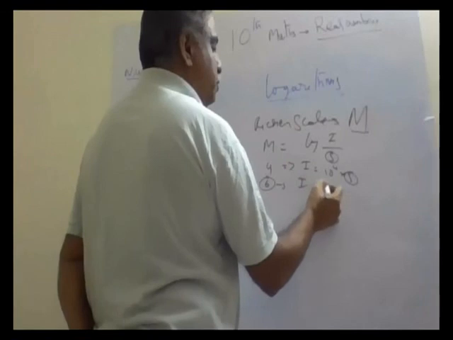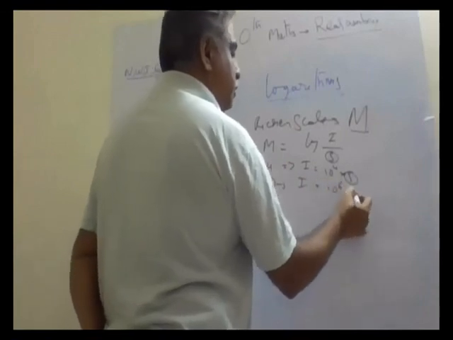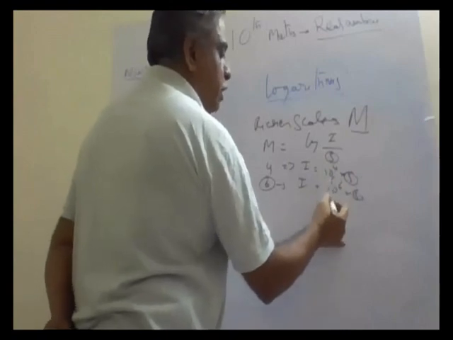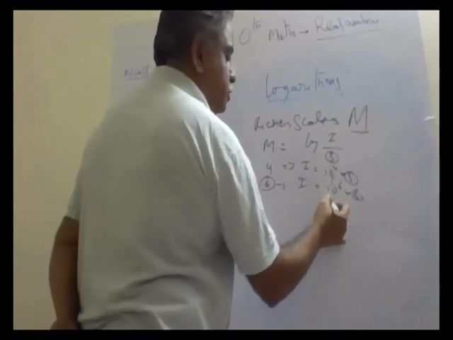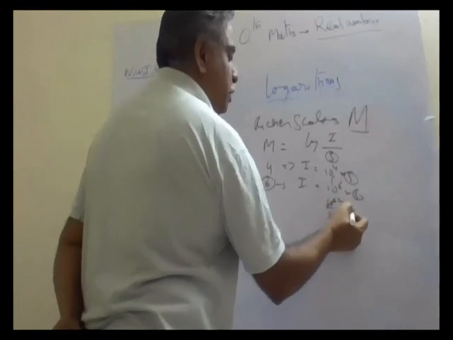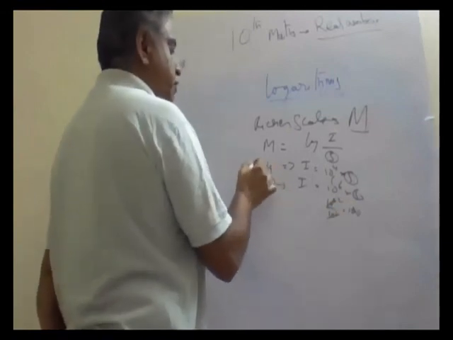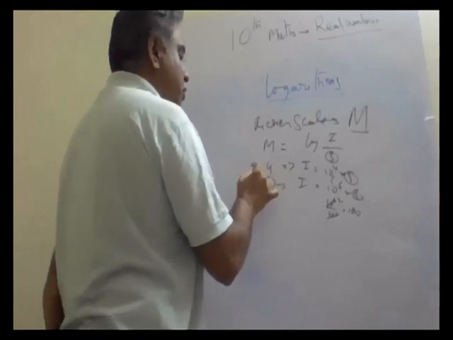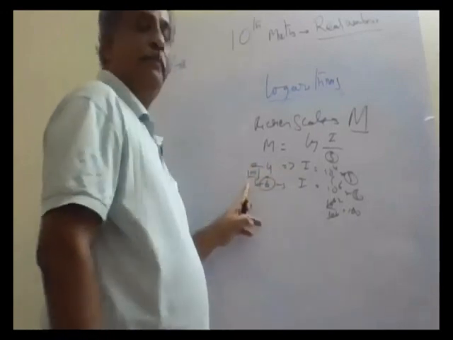Then I is equal to 10 to the power of 6 into S. How many times is that? 10 to the power of 6 by 10 to the power of 4 becomes 100 times. That means from reading 4 to reading 6, the earth is shaking 100 times more.